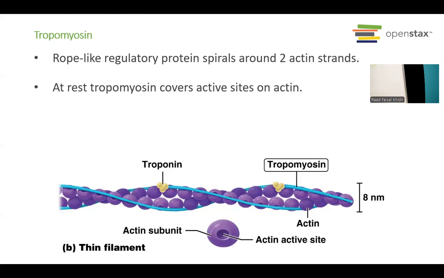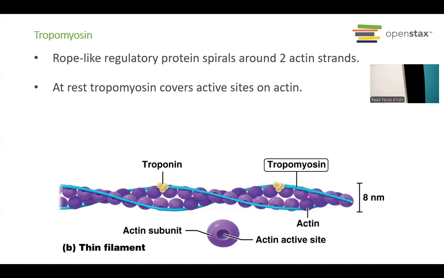But these two guys, troponin and tropomyosin, which cover the active site, are your regulatory proteins. So where does calcium bind to? Troponin. And when calcium binds troponin, what happens? Excellent.